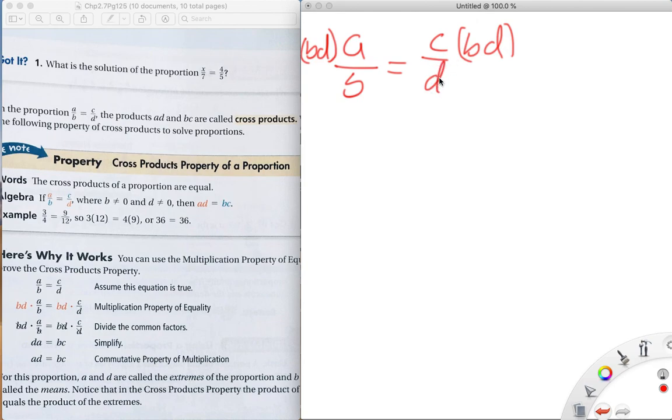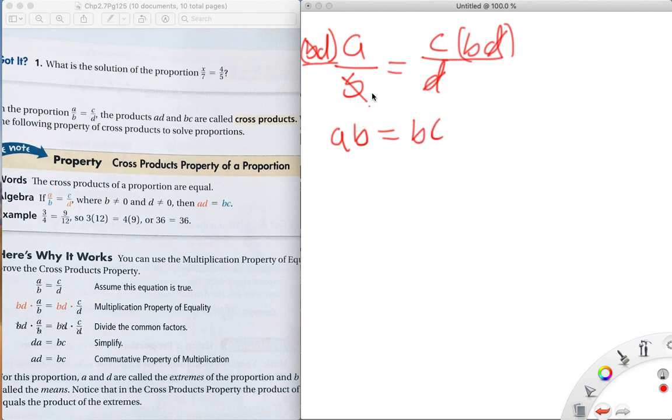So on the right hand side, the D is going to cancel out with the D over here. The B is going to cancel out with the B over here. And I'm left with AD is equal to BC. So what did I just do here? I cross multiplied, right?